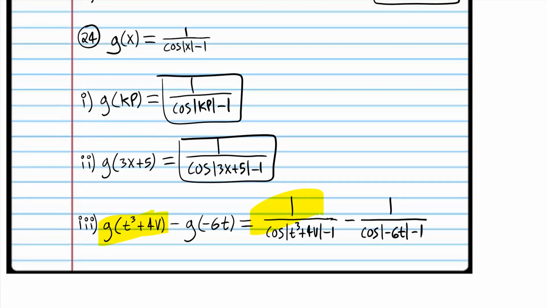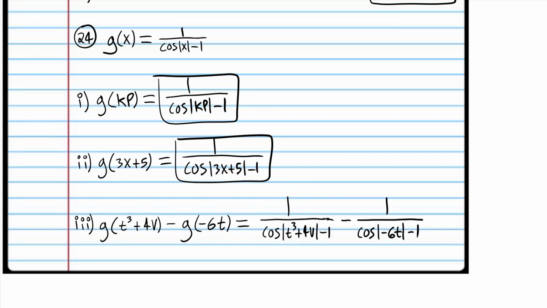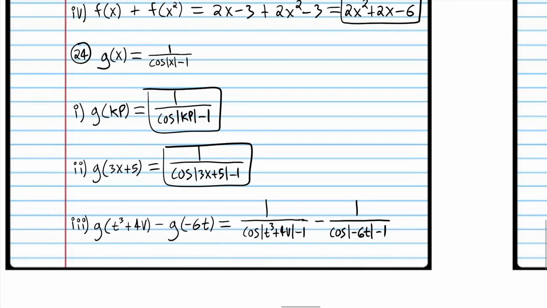So this expression is there, and this expression is there, and that negative symbol is what's in between. Okay, so let's go on to one more of these problems before you try one on your own.